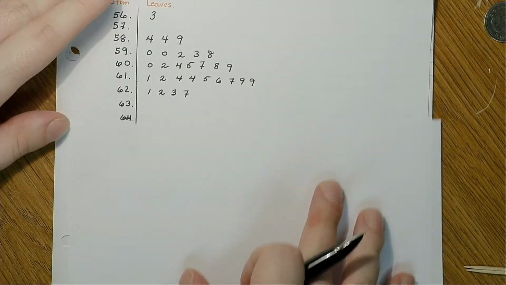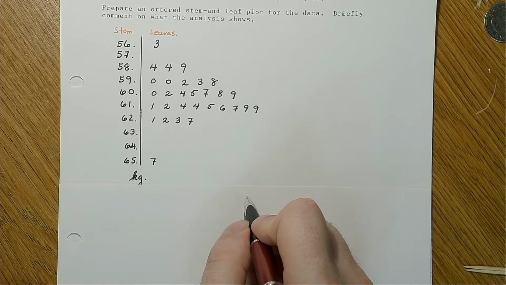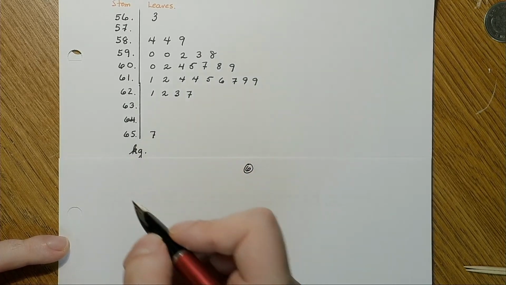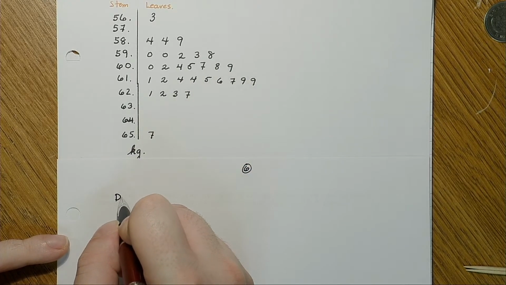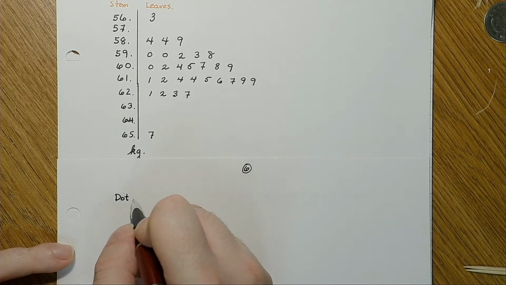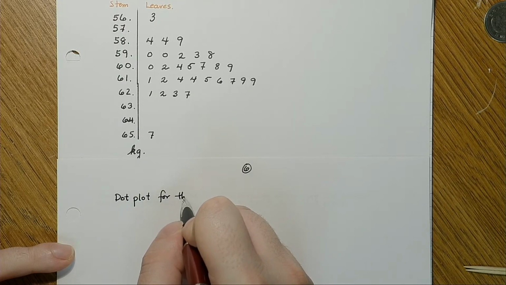Okay, so let's do the dot plot for the example of 30 students.